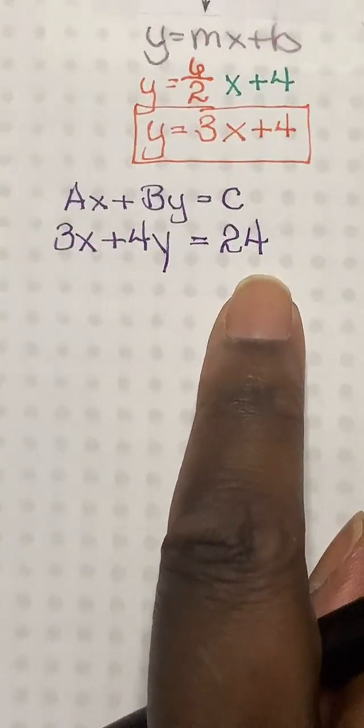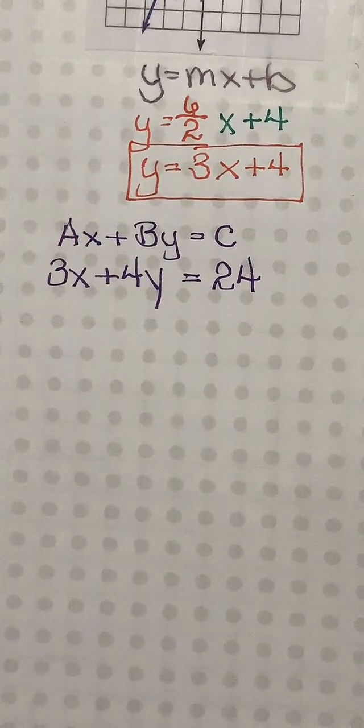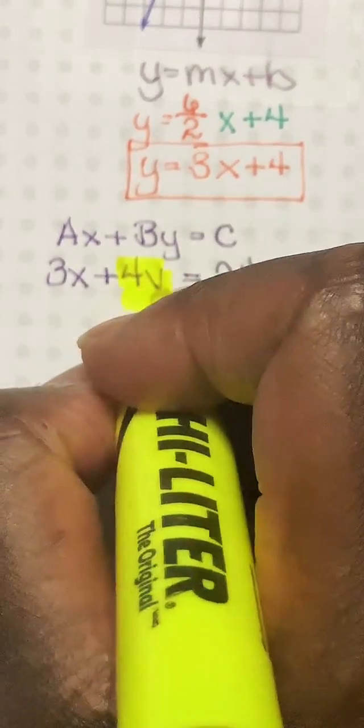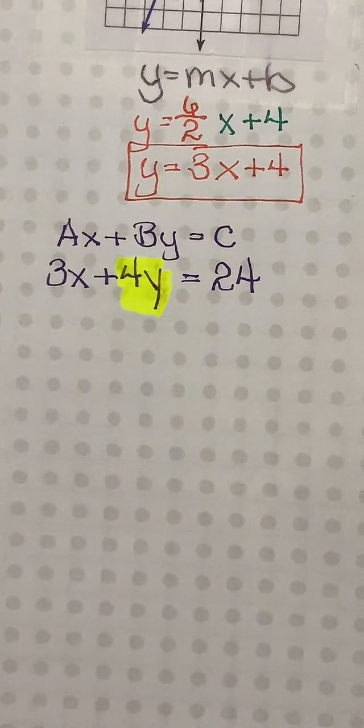So when we do this, we need to think of the inverses. So we want to isolate our 4y. Okay? We want to keep 4y right where it is. But what needs to go to the other side? Okay? What needs to go to the other side of the equal sign in order for 4y to stay where it is?